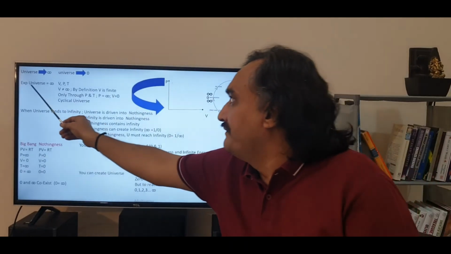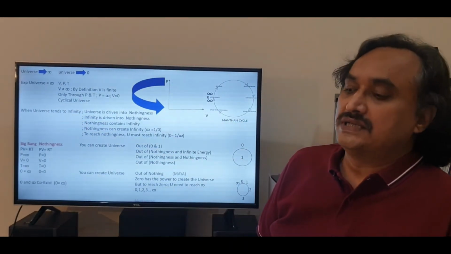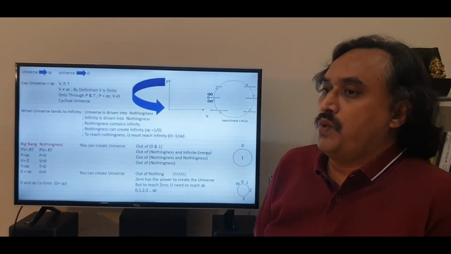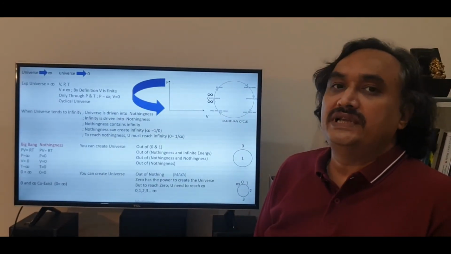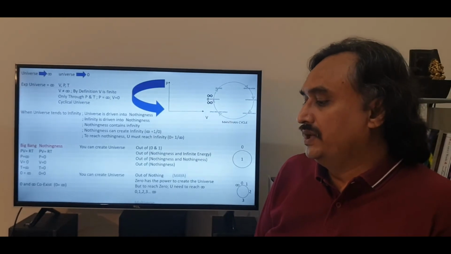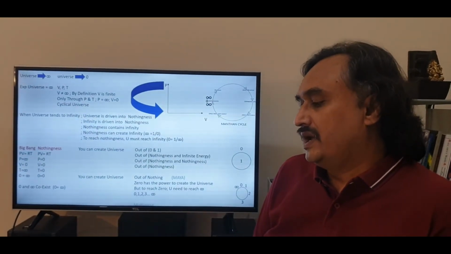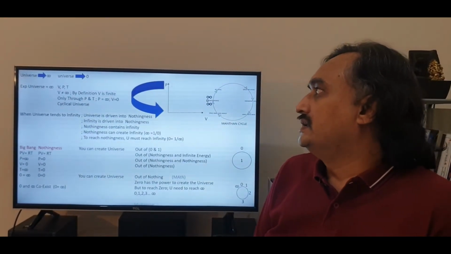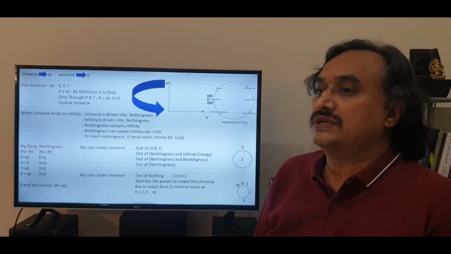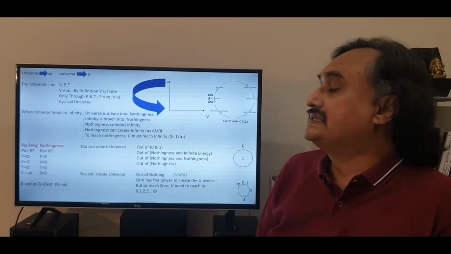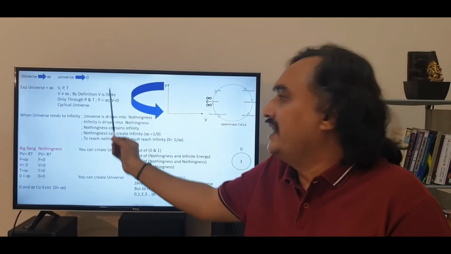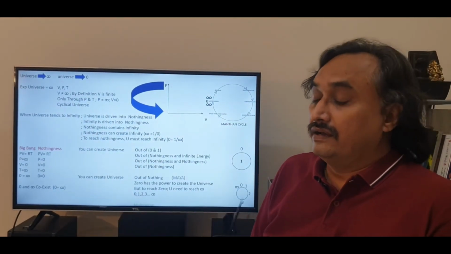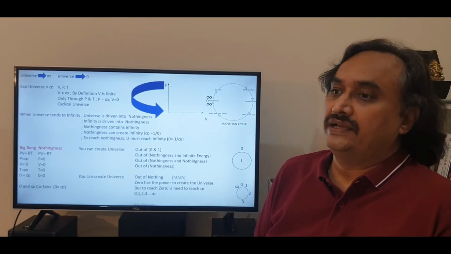So what we have is an expanding universe. What are the chances of it reaching the infinite levels? Obviously, it has 3 options: the volume, pressure, and the temperature. And there is no way that the expanding universe can reach infinite levels using volume, because by definition volume is finite.